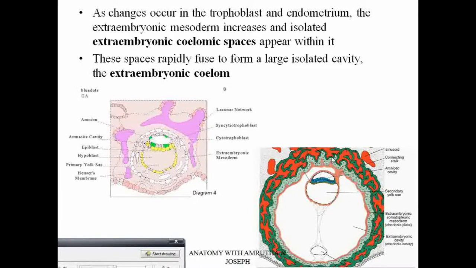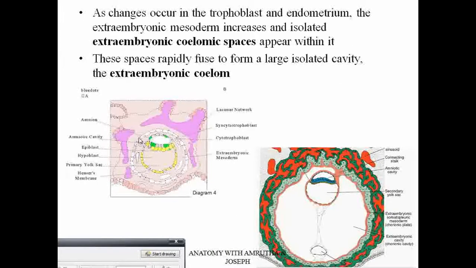Now let's see some other things here. As the changes occur in the trophoblast and the endometrium, the extraembryonic mesoderm increases. The extraembryonic mesoderm is going to increase in amount, and isolated extraembryonic coelomic spaces appear within it.